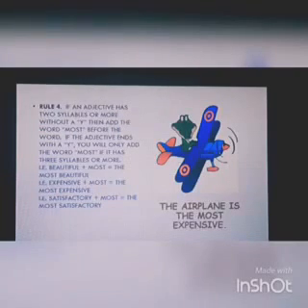Example, beautiful plus most, which turns to be the most beautiful. Expensive plus most, the most expensive. Satisfactory, the most satisfactory. I have an example. The airplane is the most expensive.